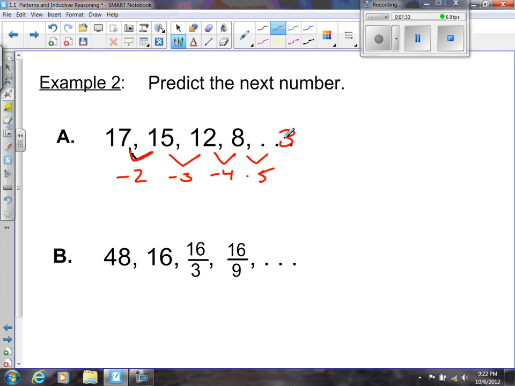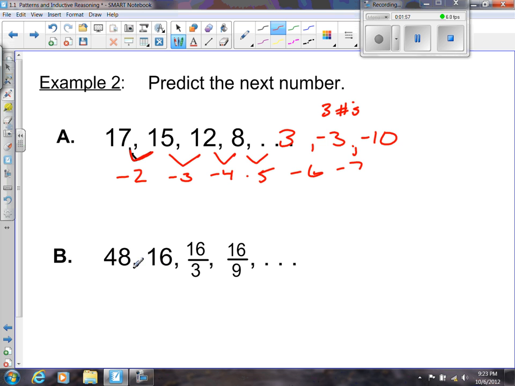Do be aware that on the test, it says you'll have to predict the next 3 numbers. So it would be subtract 6, and we'd end up with -3, and then subtract 7, and that'd be -10.